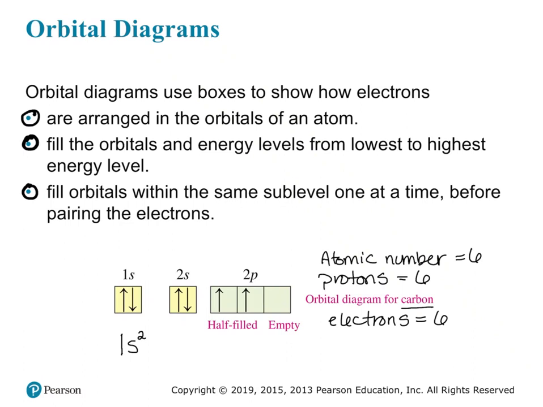Then we follow that with energy level 2, orbital s, and a superscript 2 to indicate 2 electrons there. And finally, energy level 2, orbitals p, and there are 2 electrons. All right, so that is our electron configuration.